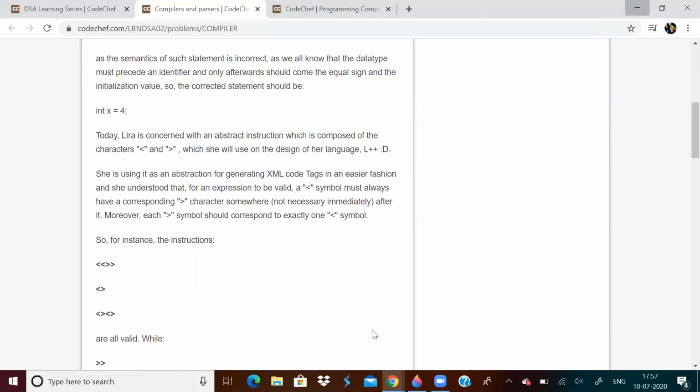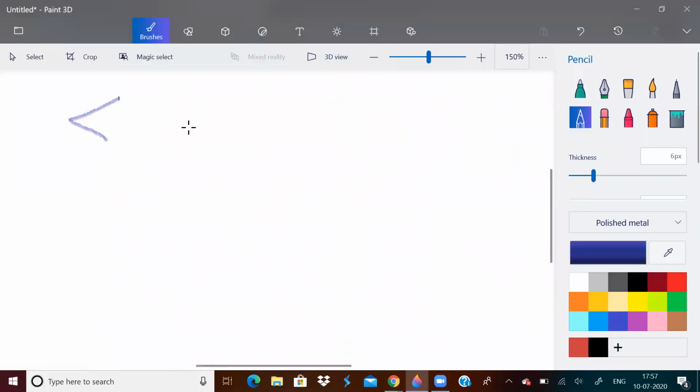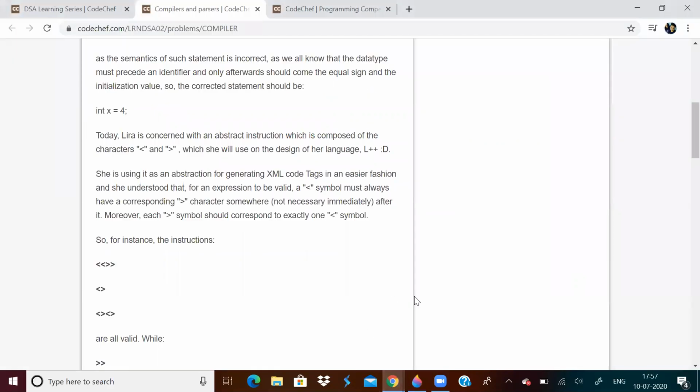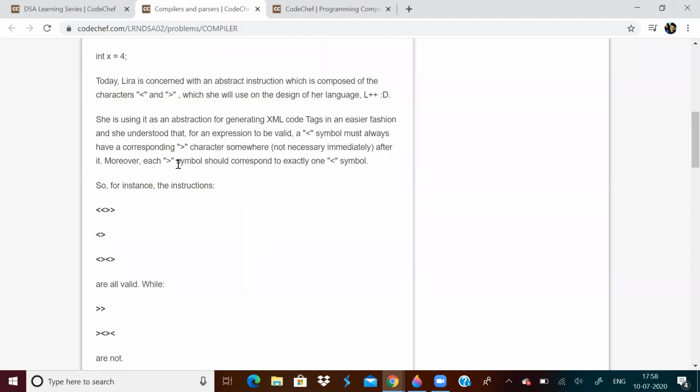You can relate this problem to the opening bracket closing bracket problem, but what is effectively asked is that this symbol must always have a corresponding symbol somewhere, and each of this symbol should have exactly one of this symbol.